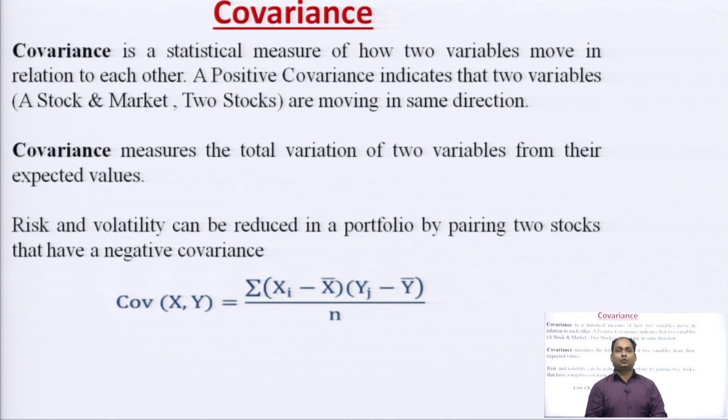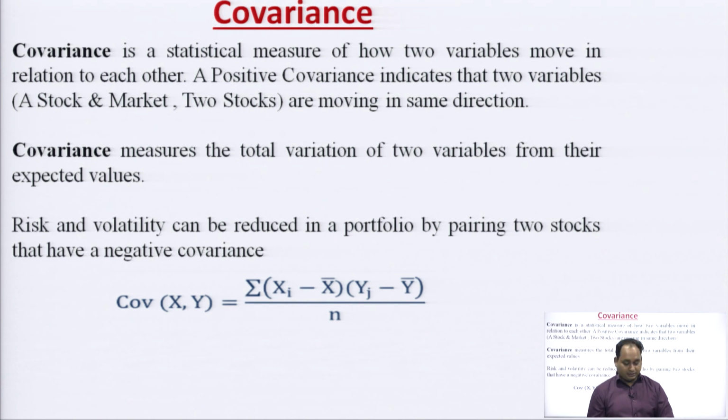Covariance measures the total variation of two variables from their expected values. Risk and volatility can be reduced in a portfolio by pairing two stocks that have a negative covariance. If we want to reduce volatility and manage the risk, we should pair securities which show negative covariance.